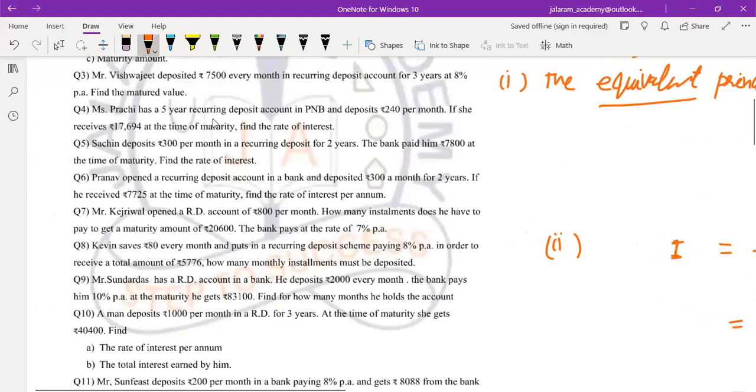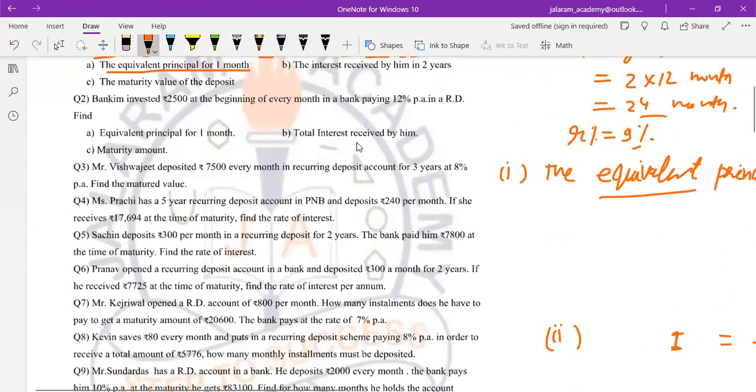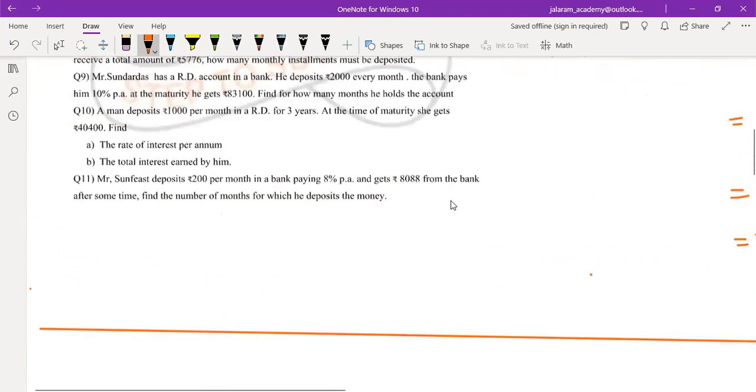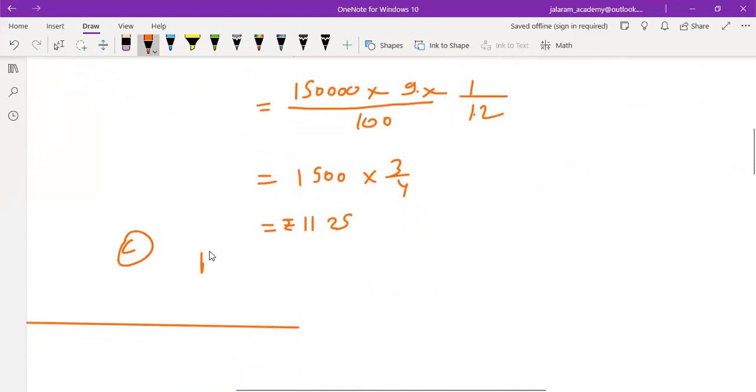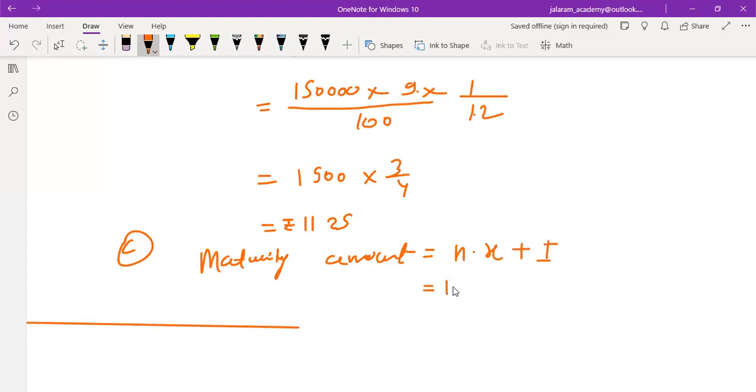And finally, we will find what? Total interest received, 1,125, and the maturity amount. So how to find the maturity amount? For the maturity amount, the formula is total sum deposited, which is number of months into sum deposited per month, plus interest. Now the number of months is 24. Sum deposited is rupees 500 per month.